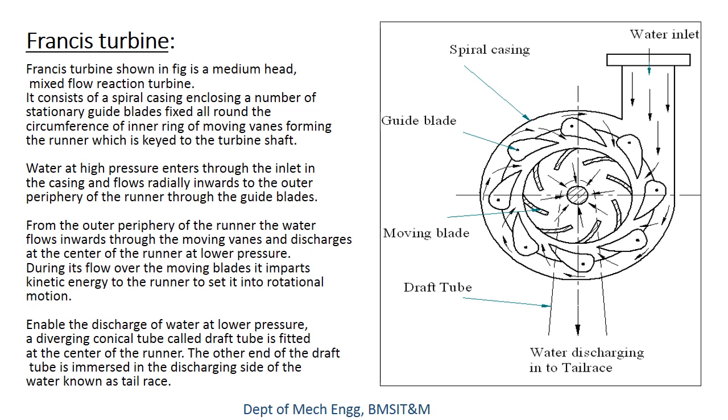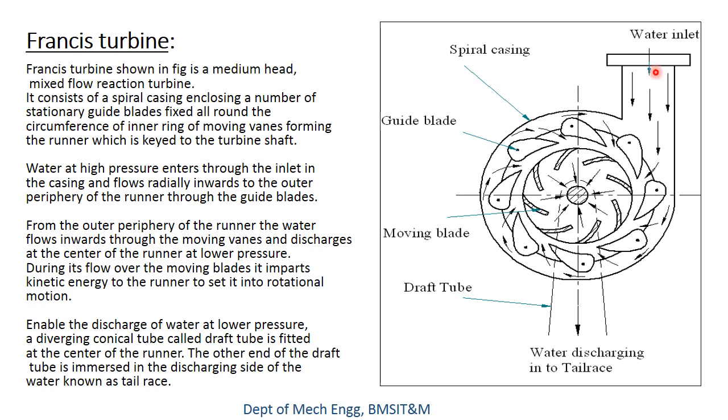Once the water flows over the turbine blades, it enters the draft tube region and goes out of the turbine through the tail race. So there is a pressure difference, that is a high pressure at the inlet and a low pressure at the outlet or the draft tube region. Due to the pressure difference, the turbine is made to run efficiently.